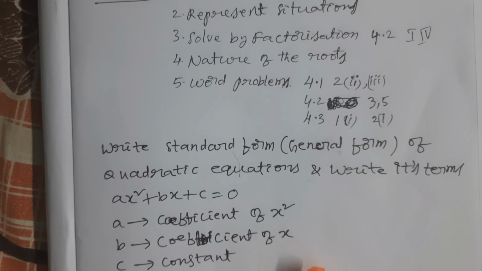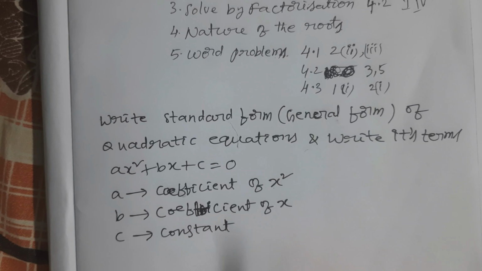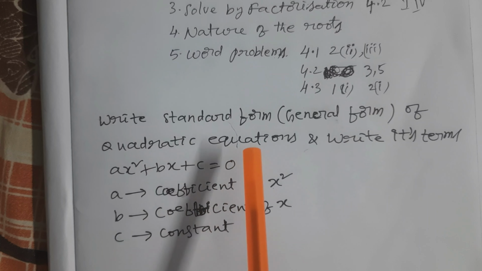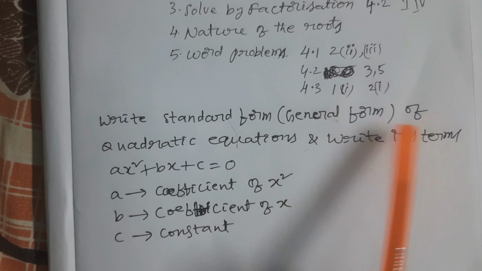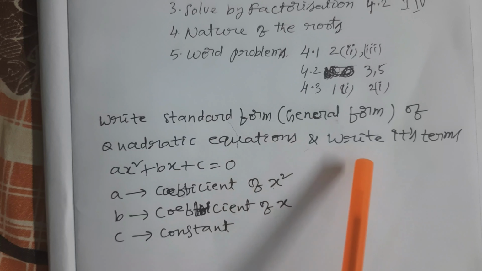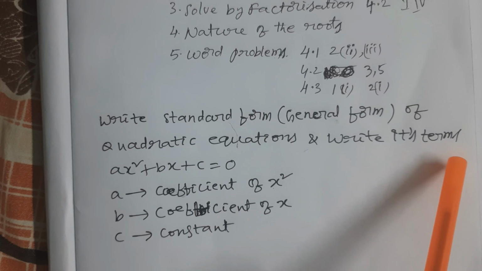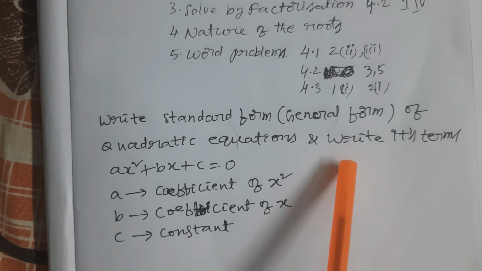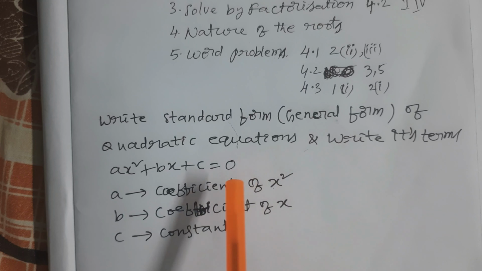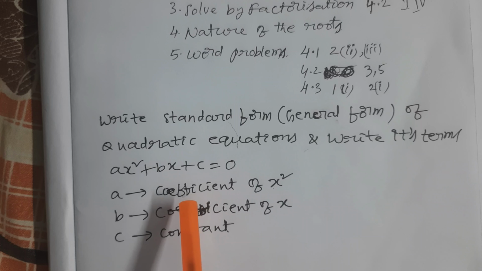In the examination they are giving questions like this: write the standard form or general form of quadratic equations and write its terms. Sometimes they ask for the general form of a quadratic equation and its terminology.